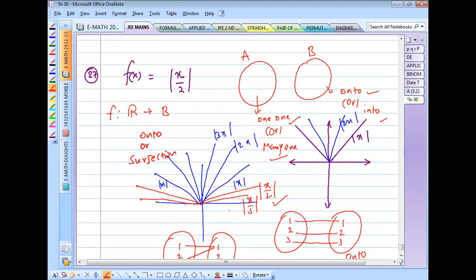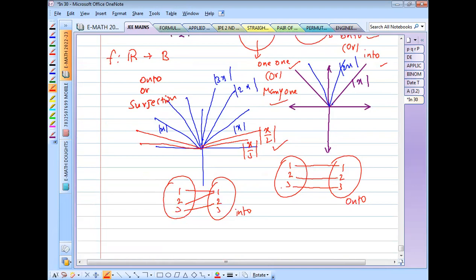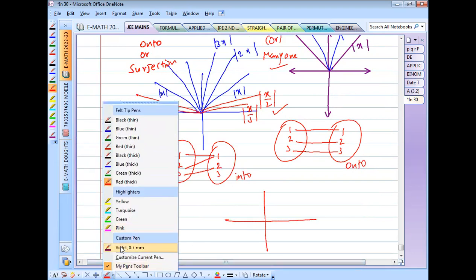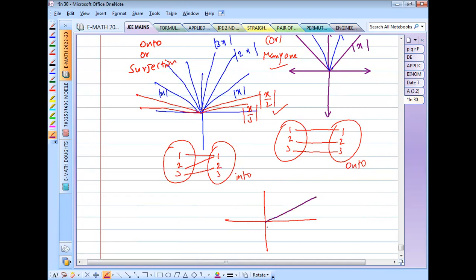That means, for mod x by 2, I am drawing the same graph. What is the domain? The domain is real numbers.